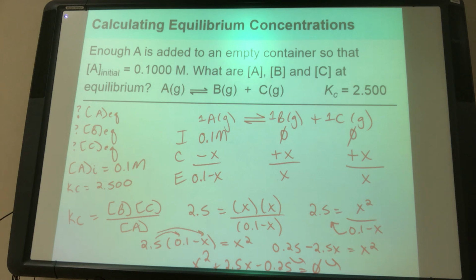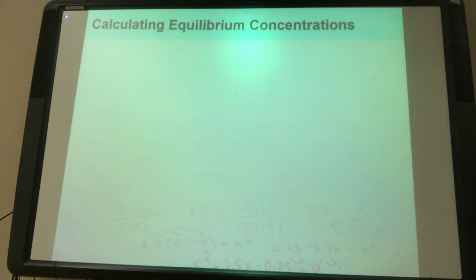I'm going to write that on the next slide in case you can't see it. So we had 0.25 minus 2.5x is equal to x squared. We just want to move all of this over. So we get x squared plus 2.5x minus 0.25 is equal to 0.